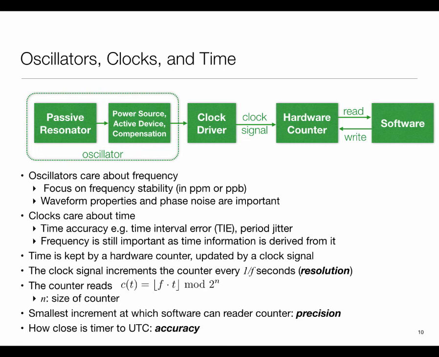But maybe in any given shorter window it may have jitter, so maybe cycle to cycle there might be some jitter happening, but they cancel out over the long time interval. So phase noise refers to the jitteriness that exists in these waveforms. So oscillators care about frequency. Clocks care about other aspects of time also, which is what is the period, how much the error in the period is, and so on and so forth.